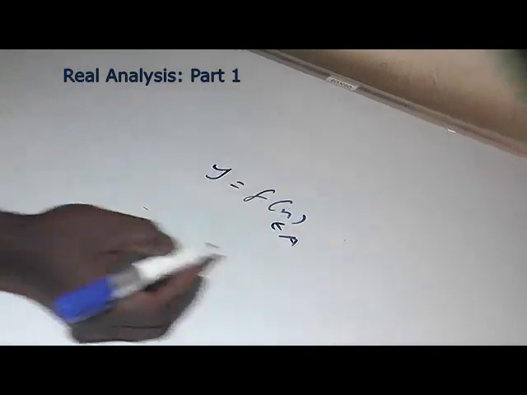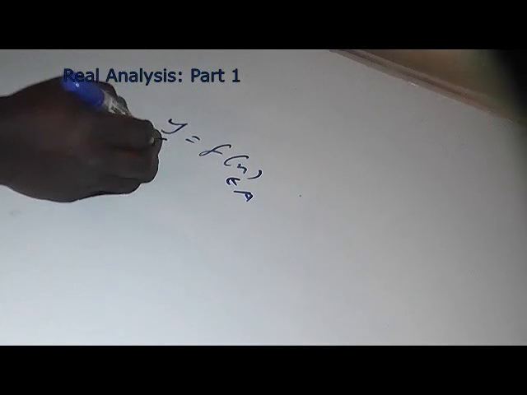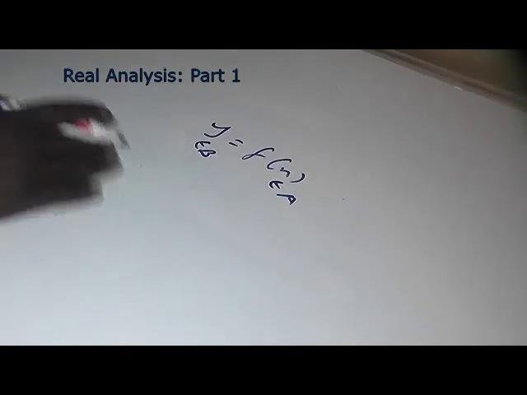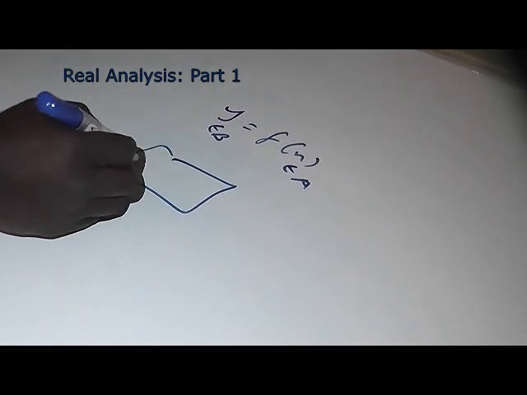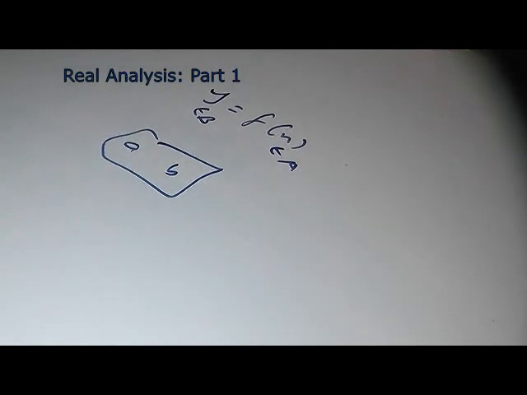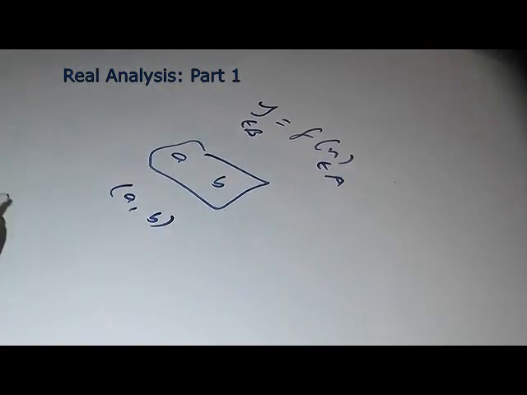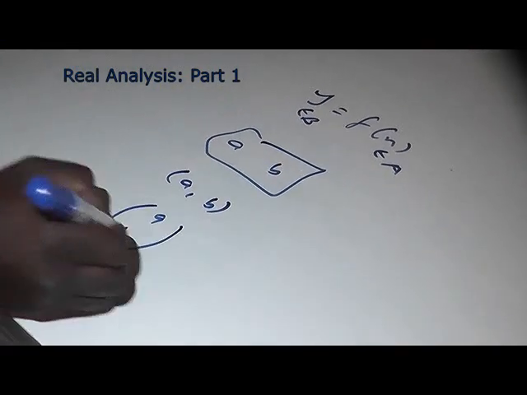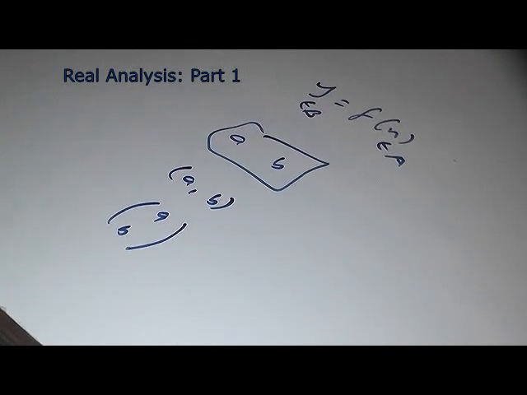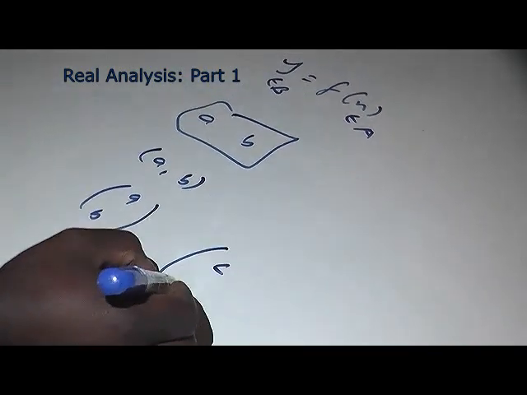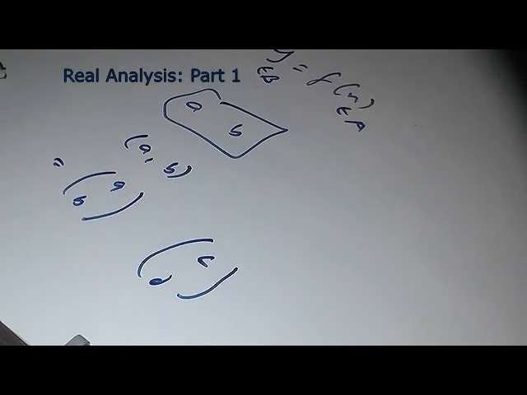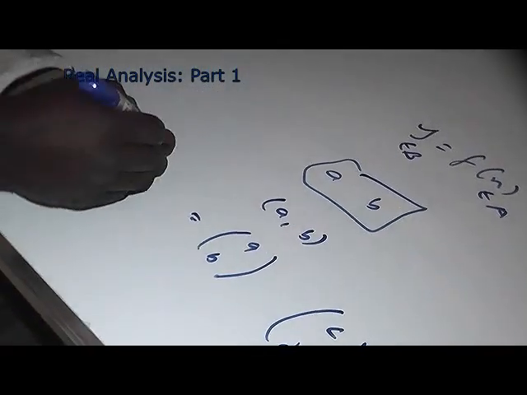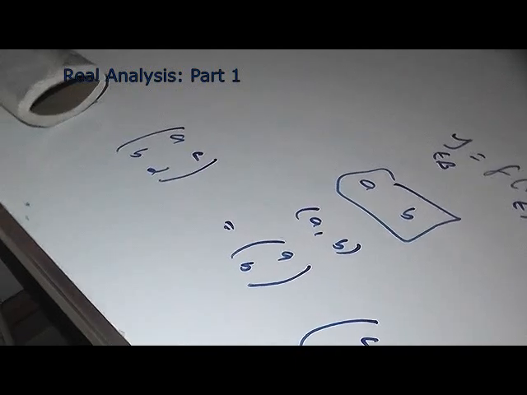If the domain is A, the codomain may be Y, may be B. Which means our relation, that box, we say A is connected to B, can be written as (A, B). Now, if another connection, C is connected to D, we can join the two to have A connected to B, C connected to D.